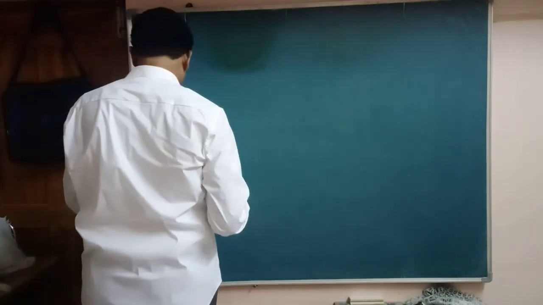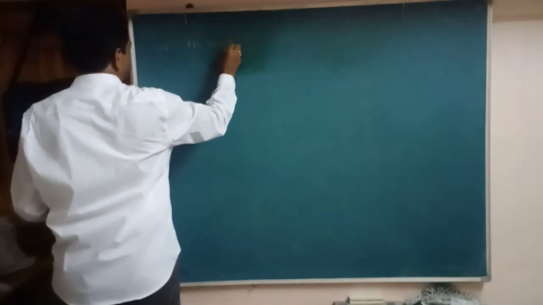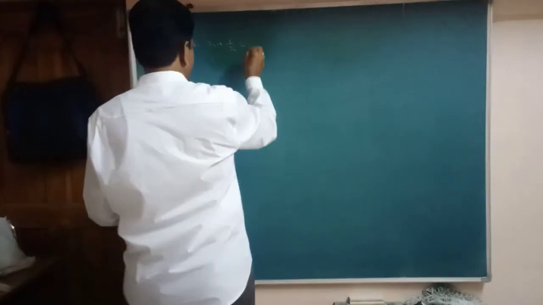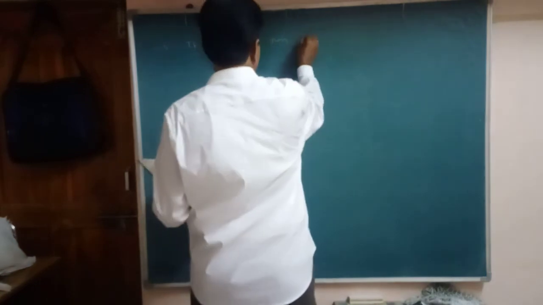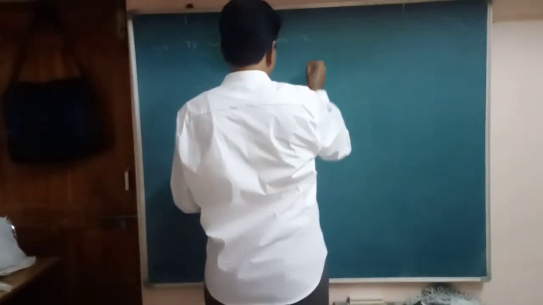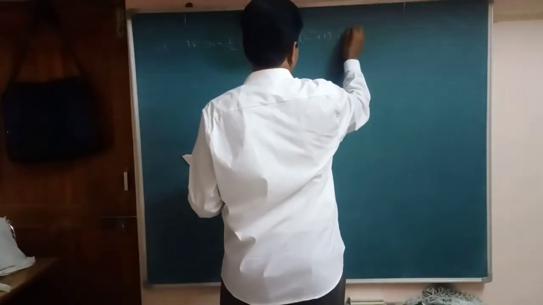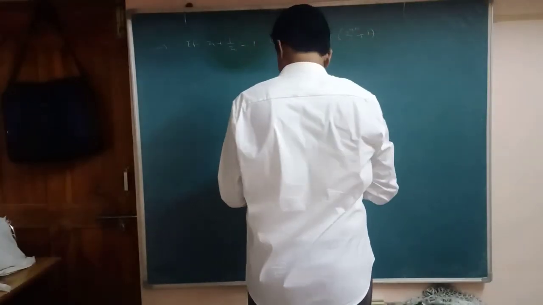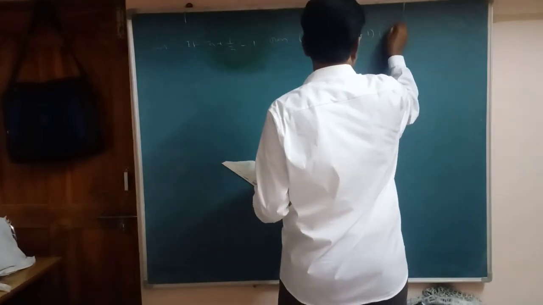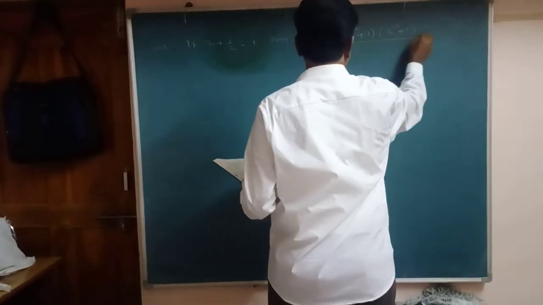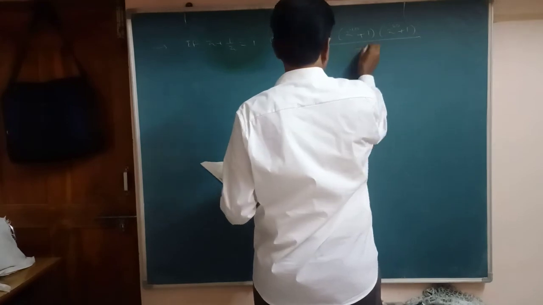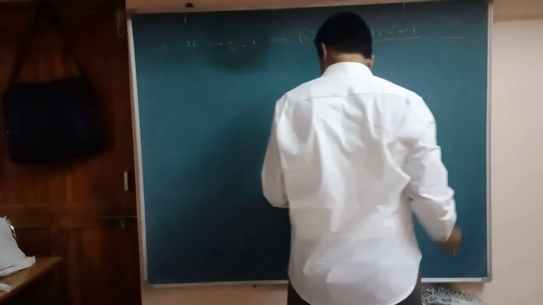Next. If z plus 1 by z equal to 1, then z power 20 plus 1, z power 40 plus 1, z power 60 plus 1, divided by z power 60 equal to dash.